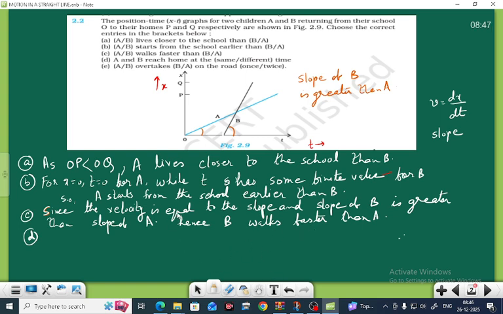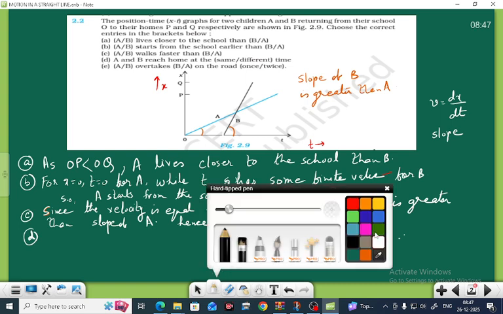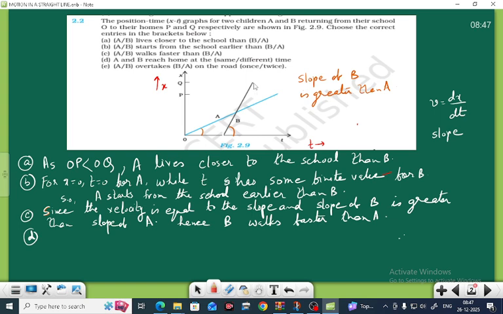Here you can see, if we take the graph and draw a perpendicular from here, B reaches home at this time t. And this is the point Q, the home of A.